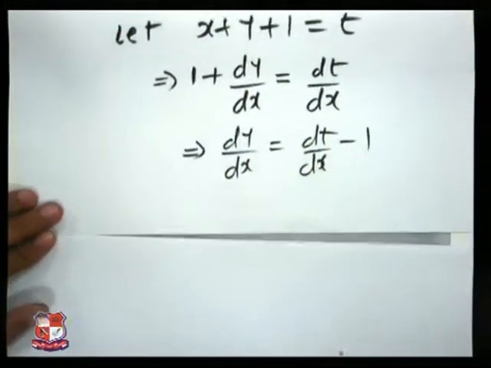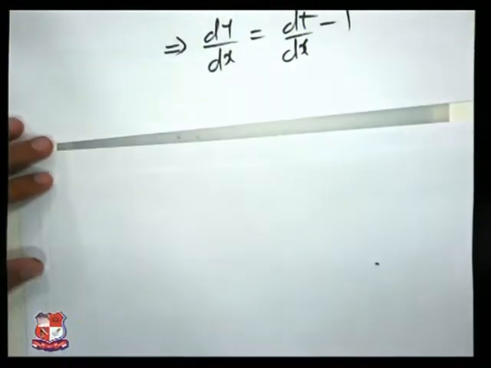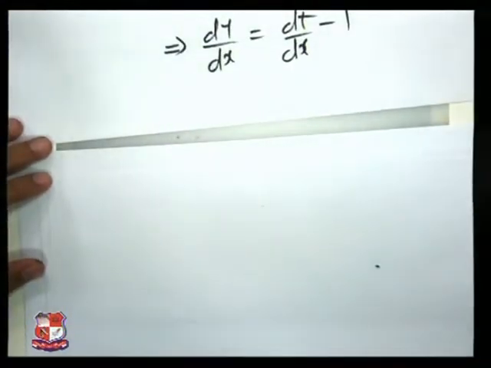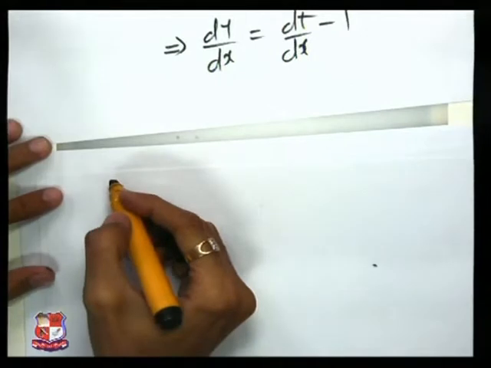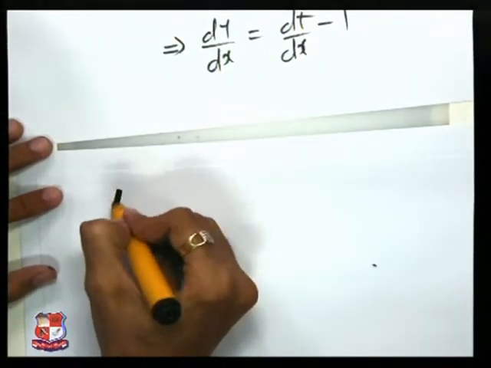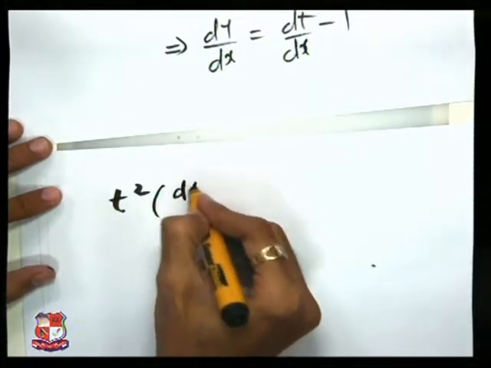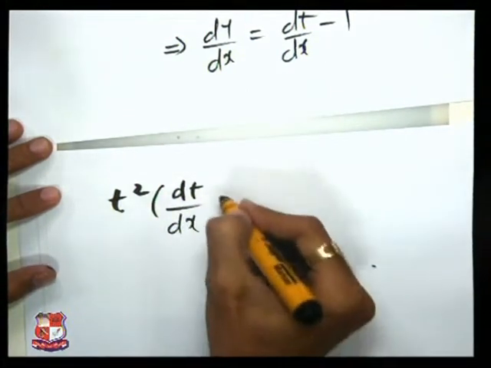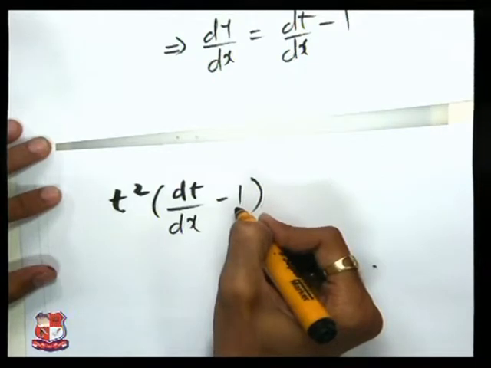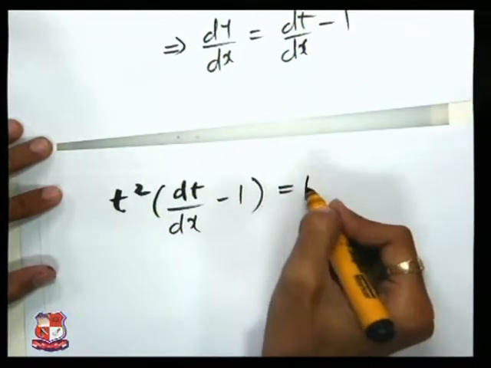So we will get t square into dt by dx minus 1 is equal to 1.